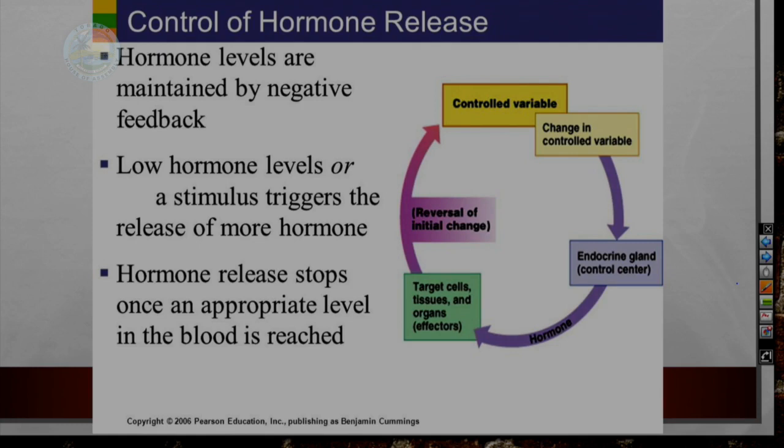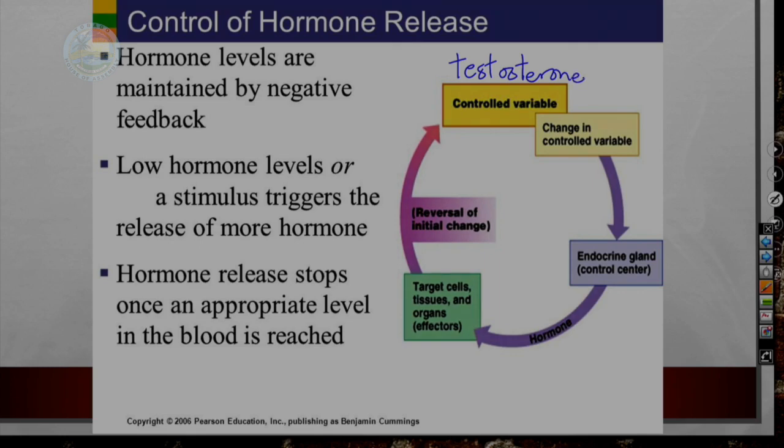So if we look at this homeostatic control, this loop, which is showing negative feedback, we can see, let's say you have a control variable. Let's say we're looking at the level of testosterone, which we know is a male hormone.